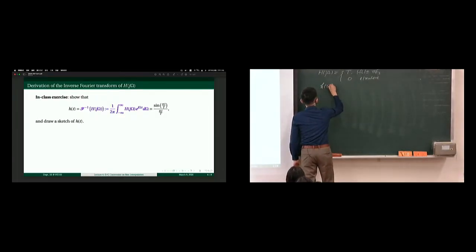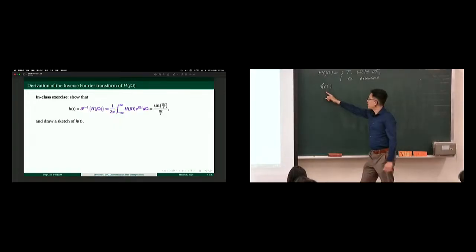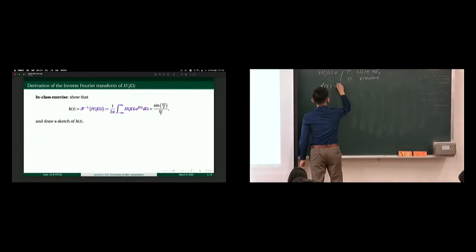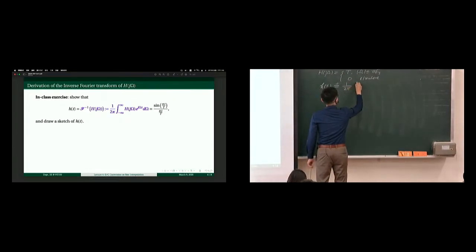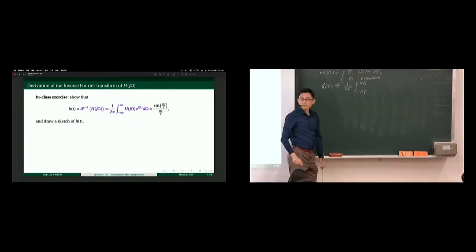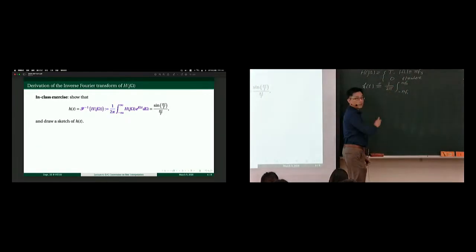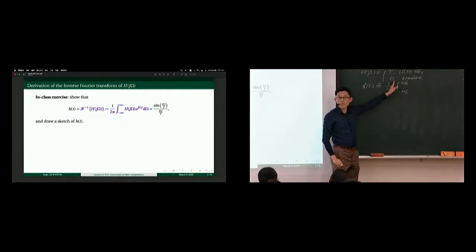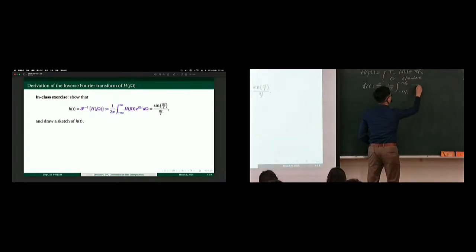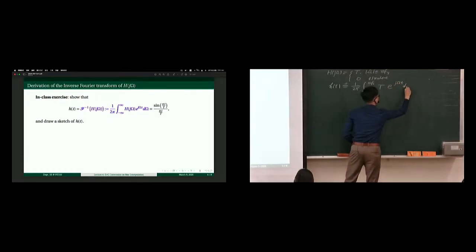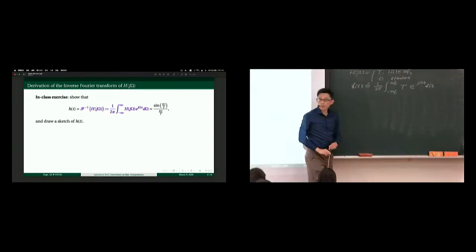Therefore, the inverse Fourier transform, denoted by small h, is by definition 1 over 2 pi times the integral from minus pi sampling frequency to pi sampling frequency, because everywhere else it's 0, of T times e to the j big omega t d omega, accumulating all the components in the frequency domain.